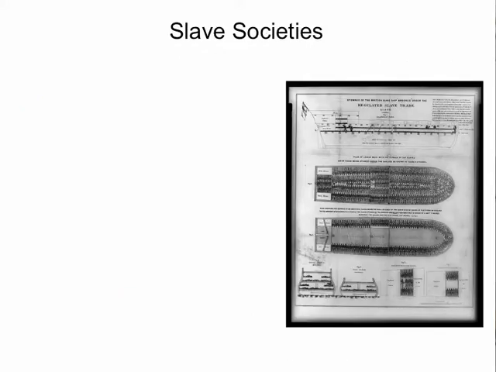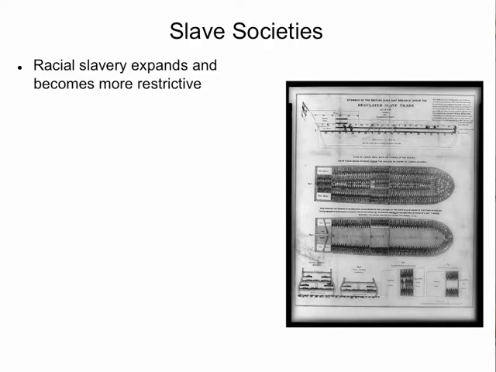All right, let's talk a little bit about the emerging slave system. We've seen how in Virginia, especially after Bacon's Rebellion, the system of racial slavery became a lot more restrictive, continued to expand as more Africans were brought in.